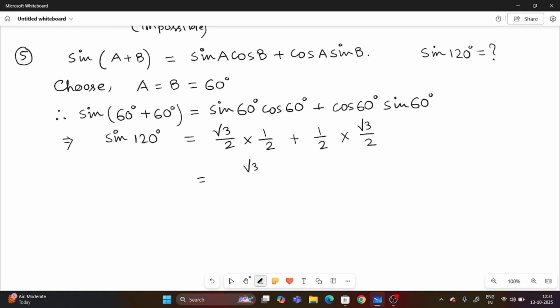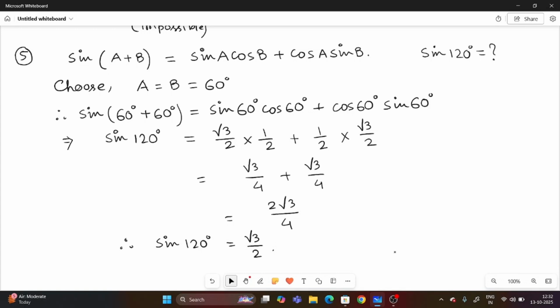So root 3 by 4 plus root 3 by 4, which is equal to 2 root 3 by 4. Hence, the value of sin 120 degree is equal to root 3 by 2. This is our final answer.